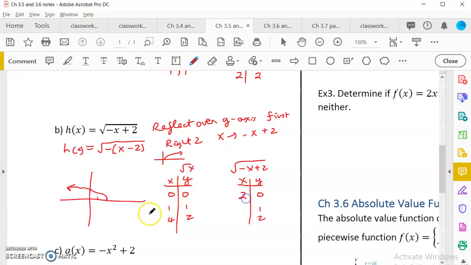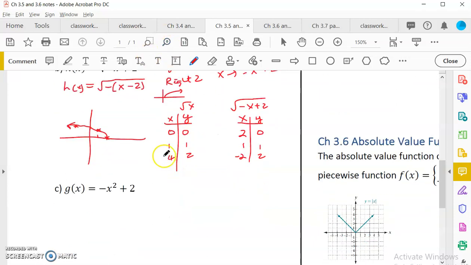So 0 becomes 2. Negative 1, add 2 is 1. 4, add 2. No, negative first. So negative 4 add 2 is negative 2. So you can see that it is like this. At 2 is 0. At 1 is 1. And at negative 2 is 2. Like that. So it matches whatever we have.